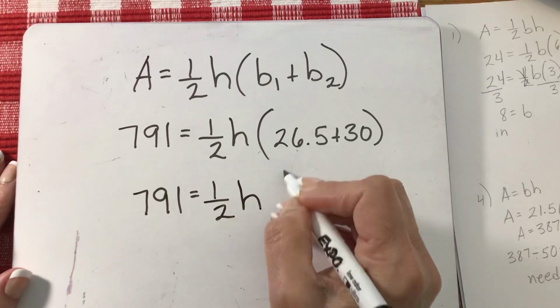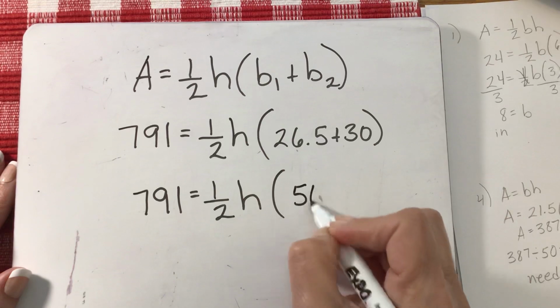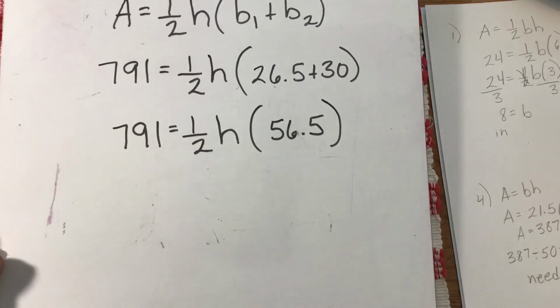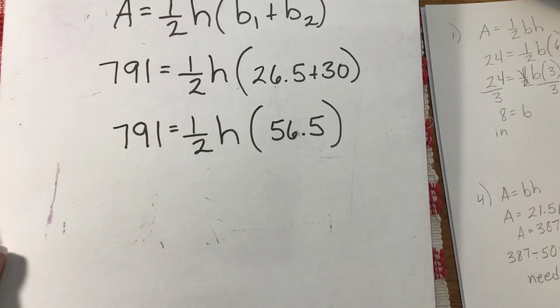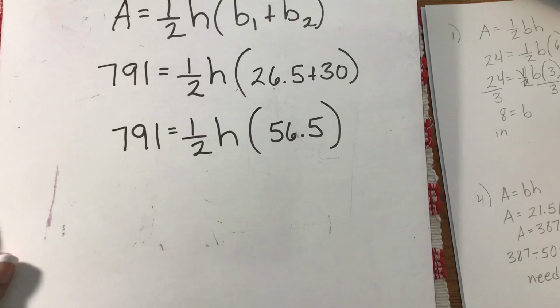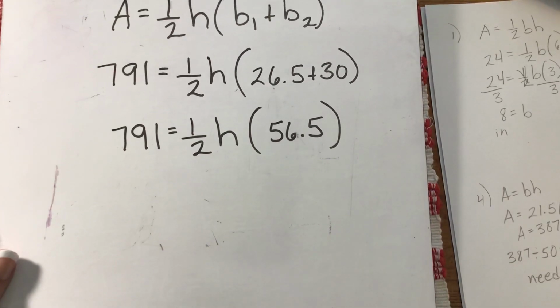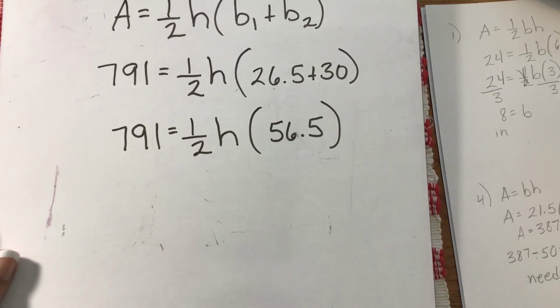I don't know what the H is, but if I add these two guys up here, you're going to get 56.5. I need to take half of 56.5. So a couple of different ways you can do that. Remember, if you want, you can move this 1/2 over here, or you can just use your calculator to do 56.5 divided by 2. You could do that as well.